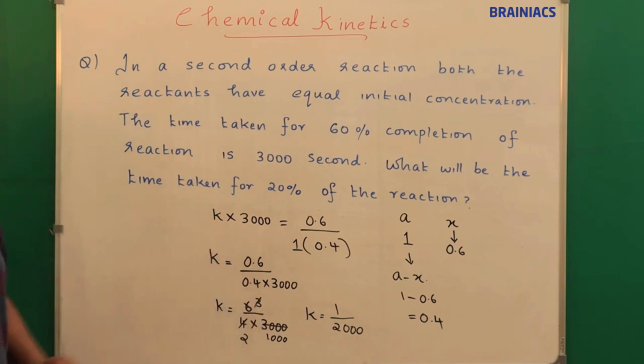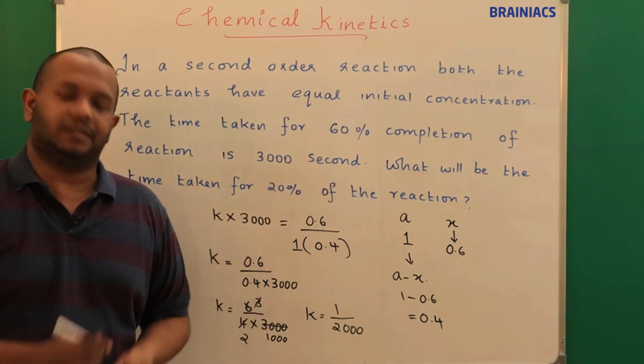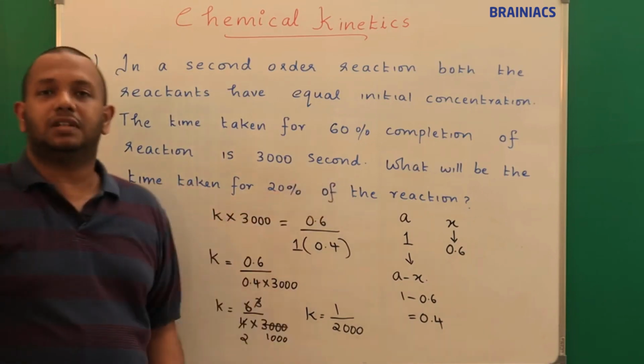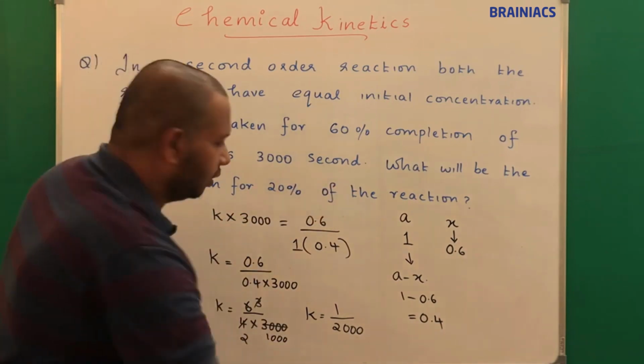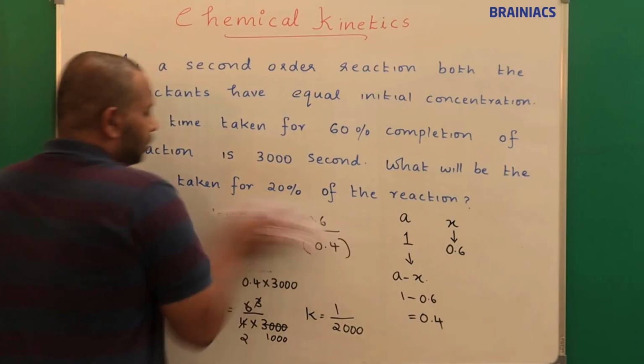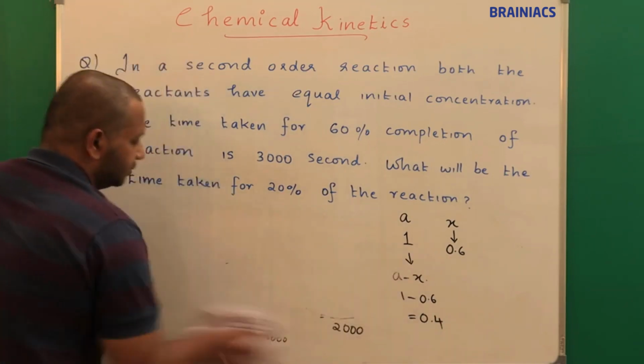So once you get the K value, we can apply it in the second condition, that is they are asking what will be the time taken for 20% of the reaction to complete. So we know the K value as 1 by 2000.